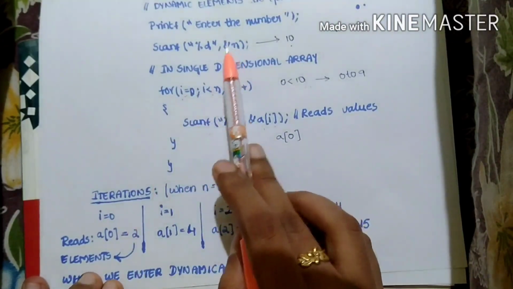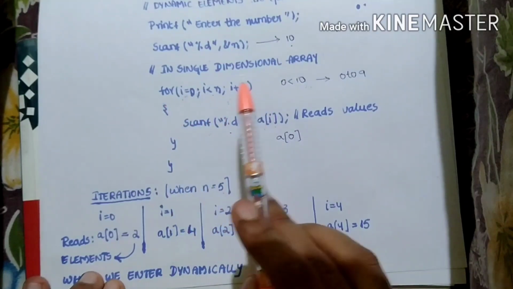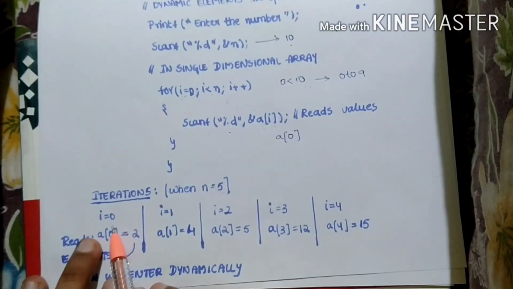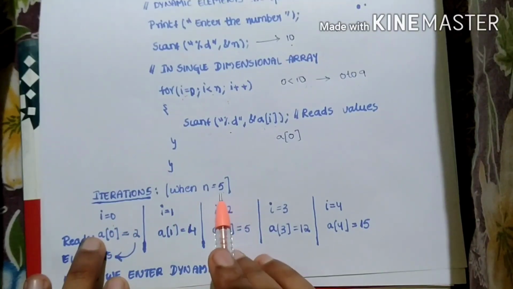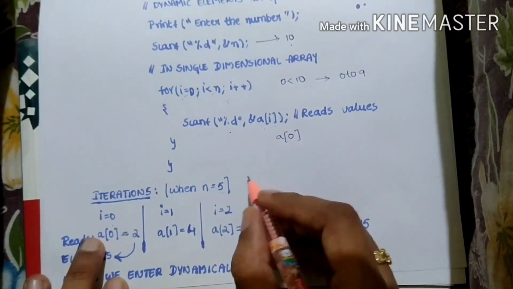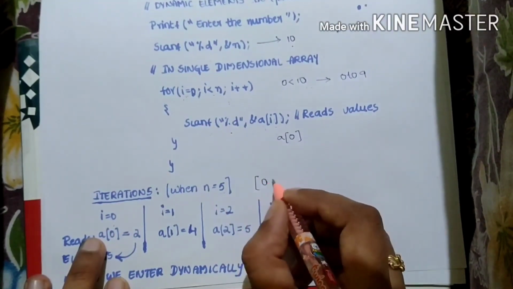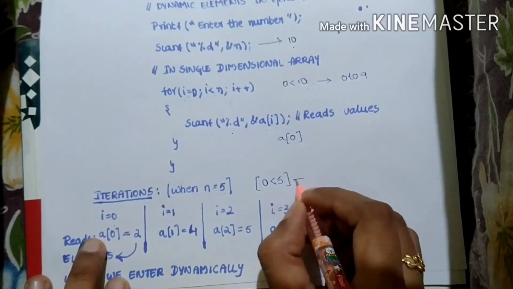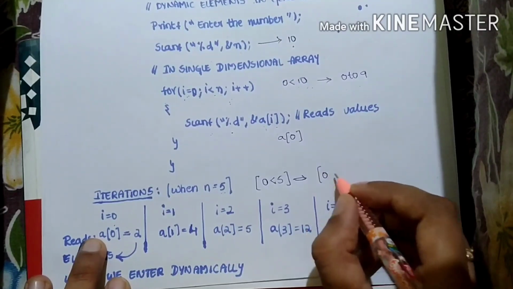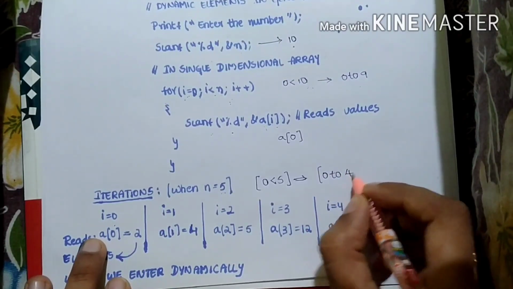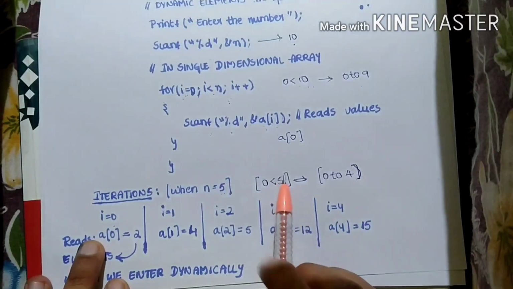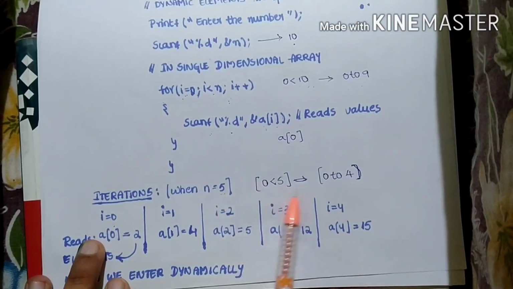When we get into the loop, next we have the for loop. So here i is equal to 0 and n is equal to 5. That means this loop continues while i is less than 5, that means 0 to 4. And then the condition becomes false and it comes out of the loop.